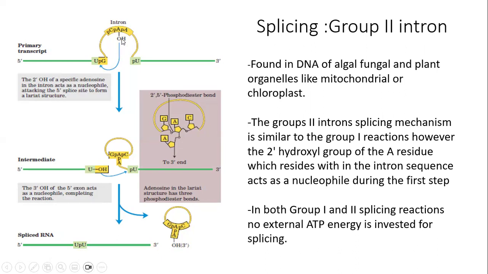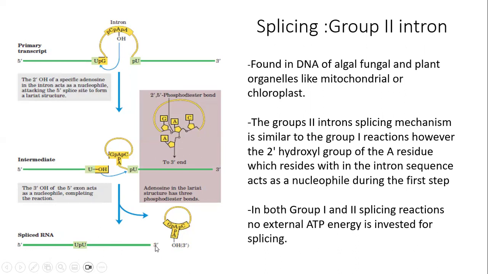The hydroxyl group will make the first nucleophilic attack again at the 5' splice site, forming a bond with the intron itself, and the newly generated hydroxyl group will now make a second nucleophilic attack at the 3' splice site.